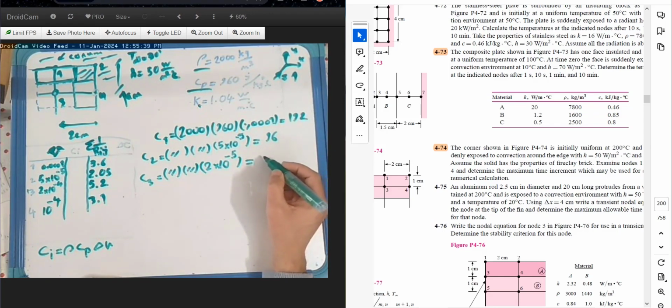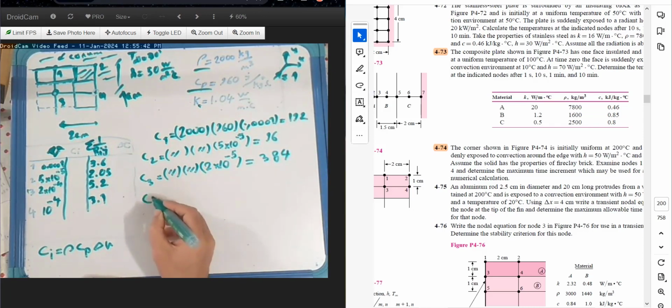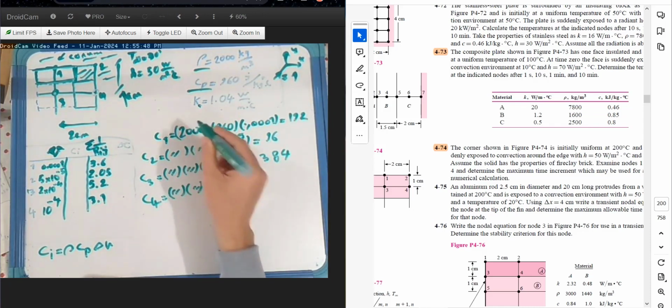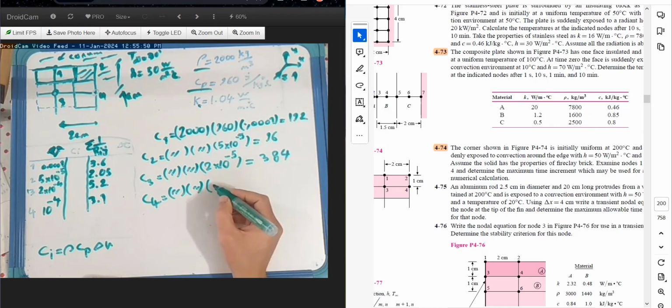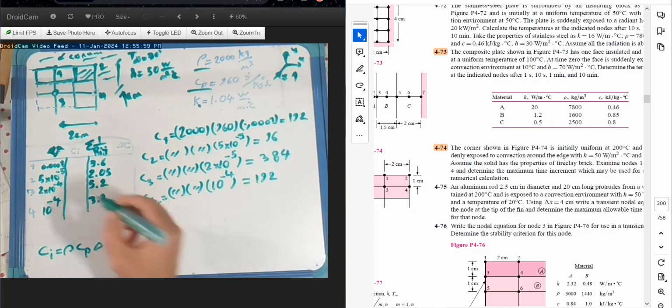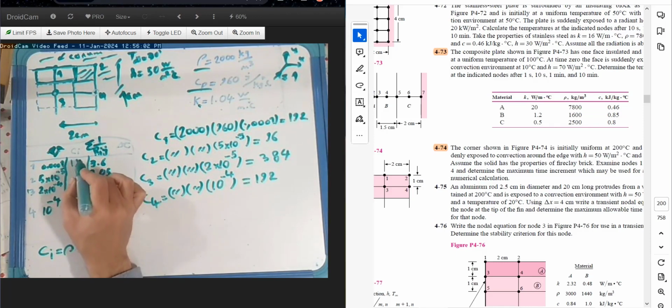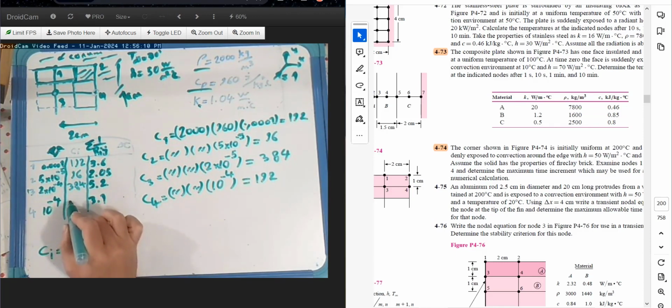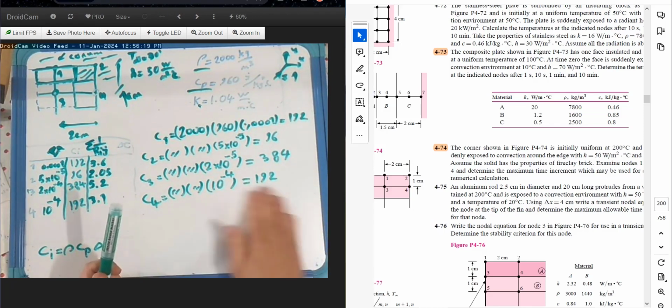It would be 384. And for the last point, again these two are similar, and the last one is 10 to the minus 4. It would be 192. Okay, so let me put these numbers in this table: 192, 96 for point 2, 384 for point 3, and 192 for the last point.